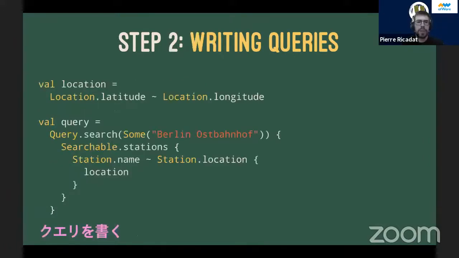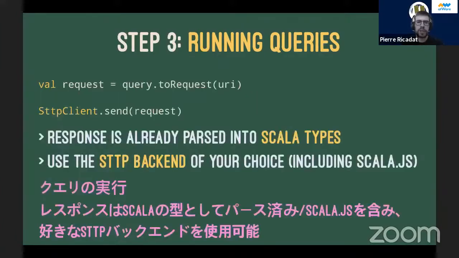So when you combine them, like here, you get a tuple of double. When you call your query, you will not receive JSON or some string that you have to parse. No, it's already parsed into a Scala object. So it is really easy to use.